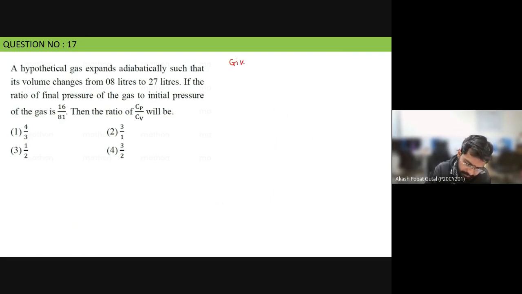Given things are volume V1 and V2, 27 liter. Ratio of final pressure to initial pressure, P2 by P1, is given as 16 by 81.